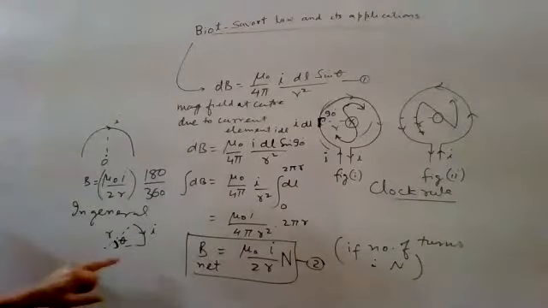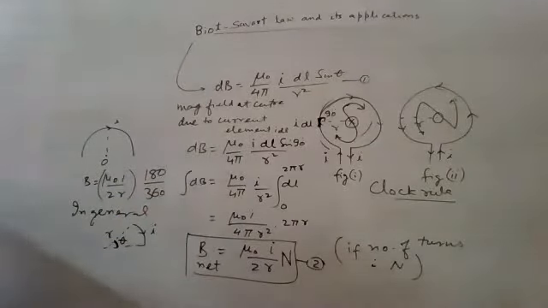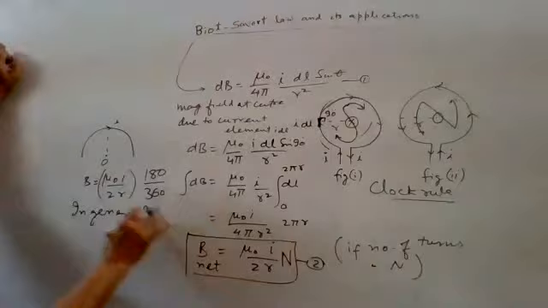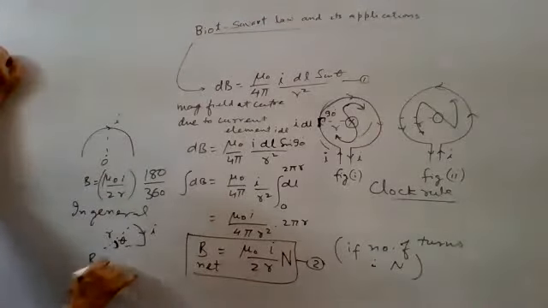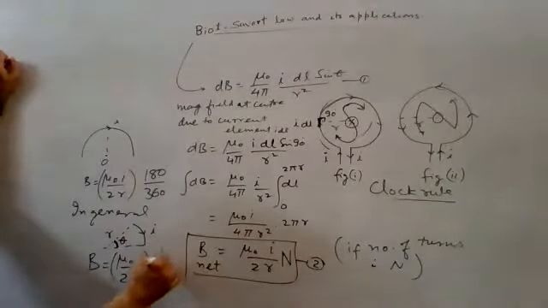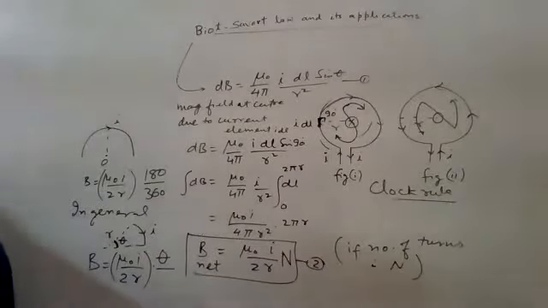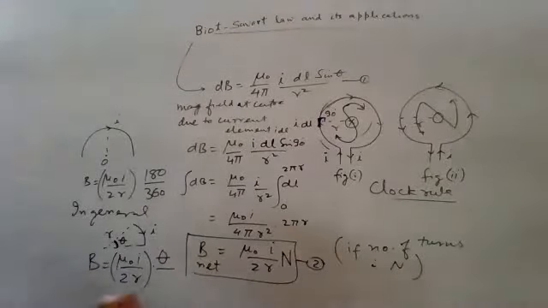In that case, a factor comes here like 180 upon 360, like 90 upon 360, like in general, we are getting this is the magnetic field due to the single turn. And here a factor comes, theta upon 360, with theta in degrees, then divided by 360, or theta in radians divided by 2 pi.